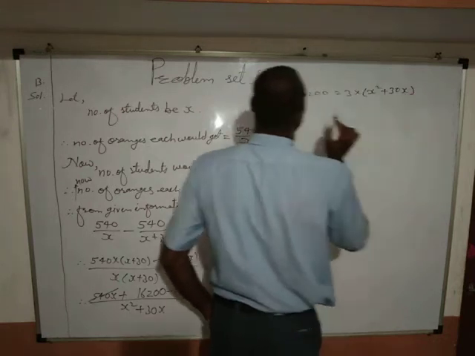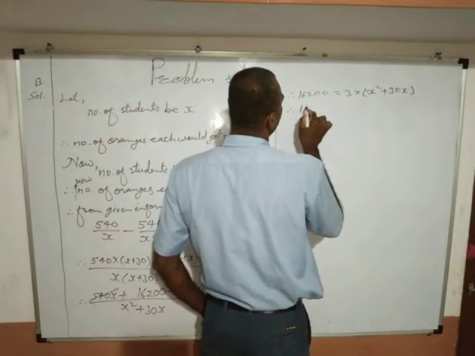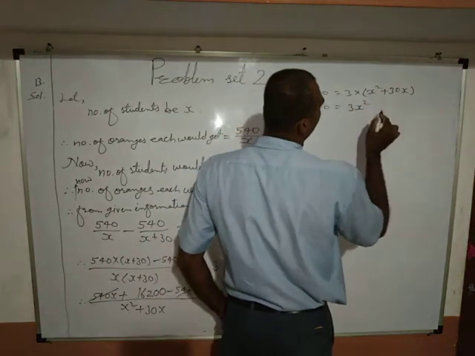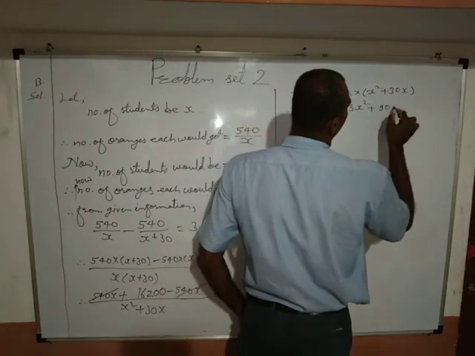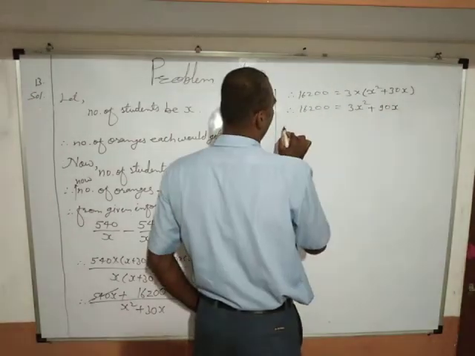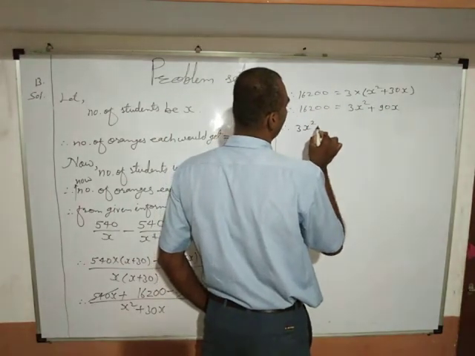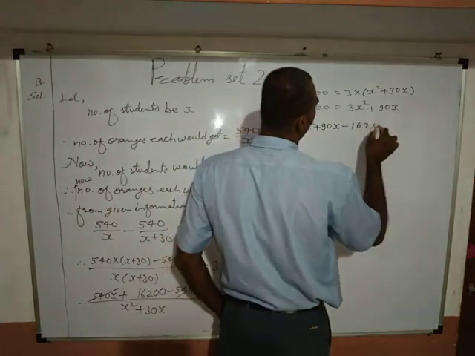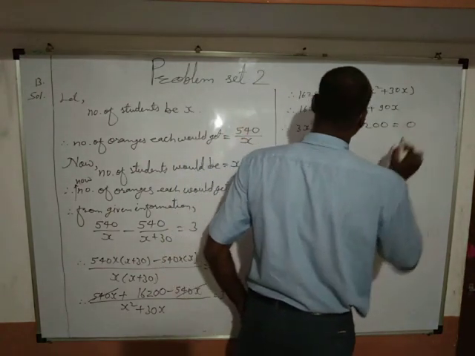Okay, and therefore again it will be 16,200 equals 3x square plus 90x, and therefore 3x square plus 90x minus 16,200 equal to 0.